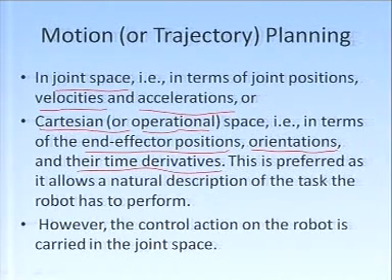Now, for a human being we can understand much better if you tell me, sir, I have moved from 1, 2, 3 location to 4, 5, 6 location, which I can quickly understand. But if you tell me, sir, I have moved theta 1 from 10 degrees to 30 degrees, theta 2 from 30 degrees to 50 degrees, theta 3 from 60 degrees to 90 degrees, unless I have a robot in front of me, I do not understand anything.